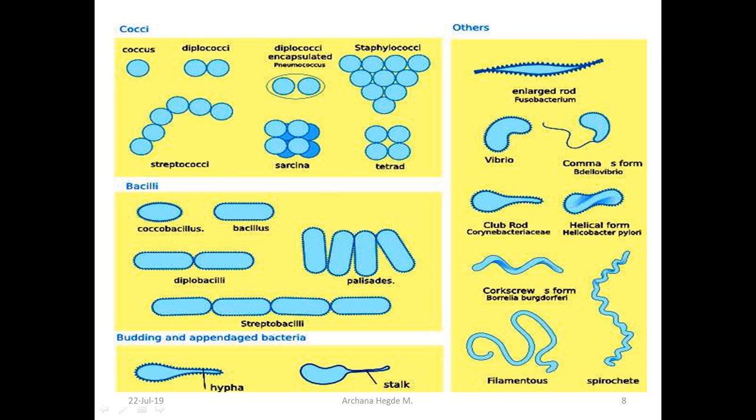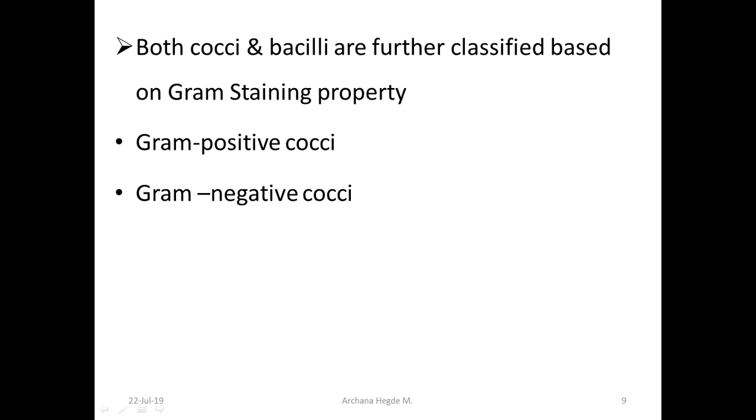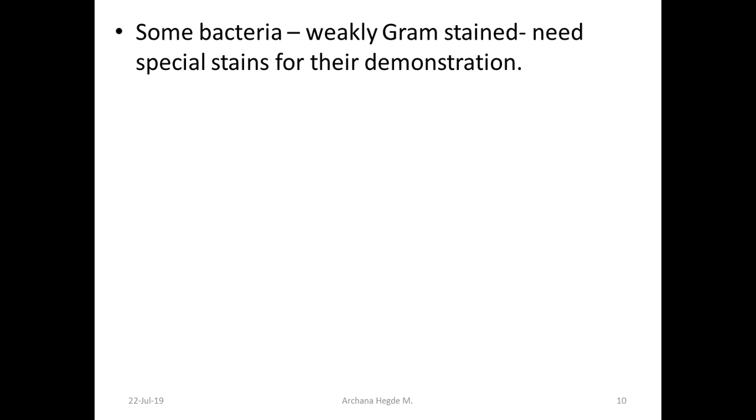Filamentous form Bacillus. Both cocci and bacilli are further classified based on gram staining property. Gram staining was dealt with in the previous section. You can see my blog to see how gram staining is done. Here it is divided into gram positive cocci, gram negative cocci, gram positive bacilli, gram negative bacilli. Some bacteria cannot be stained or are weakly gram stained and need special stains for their demonstration.